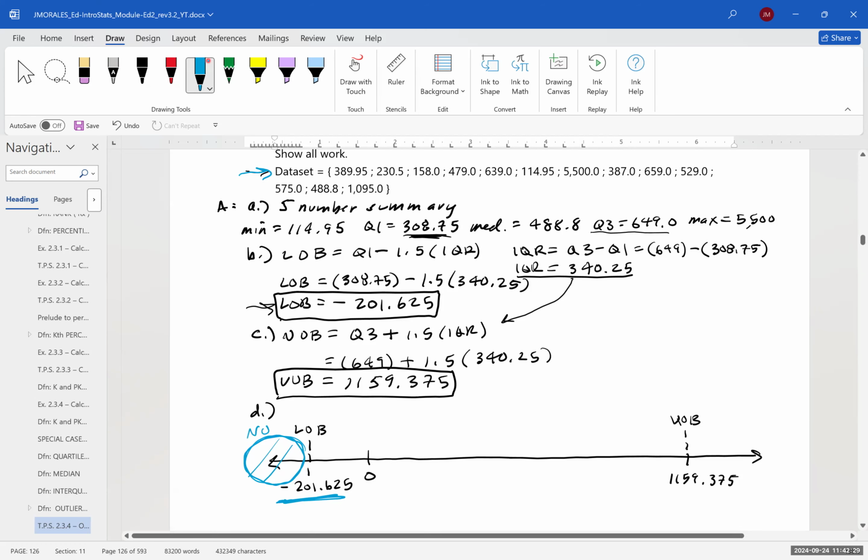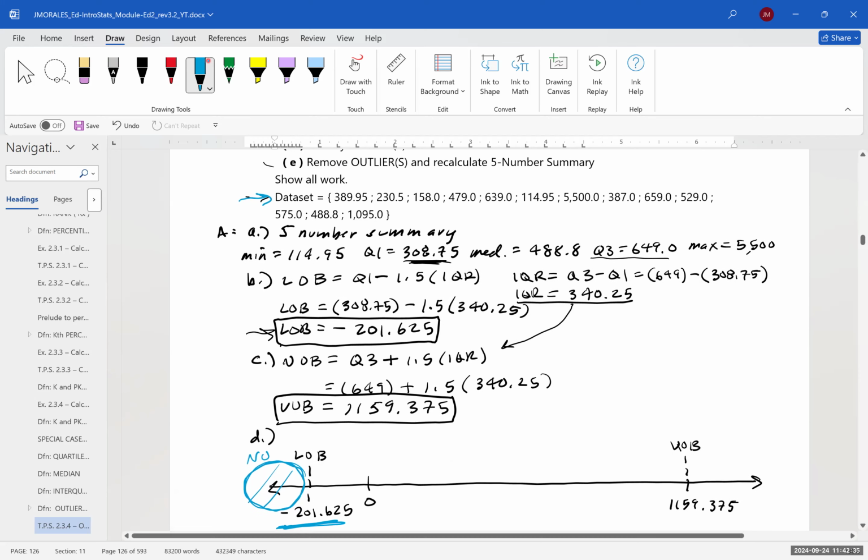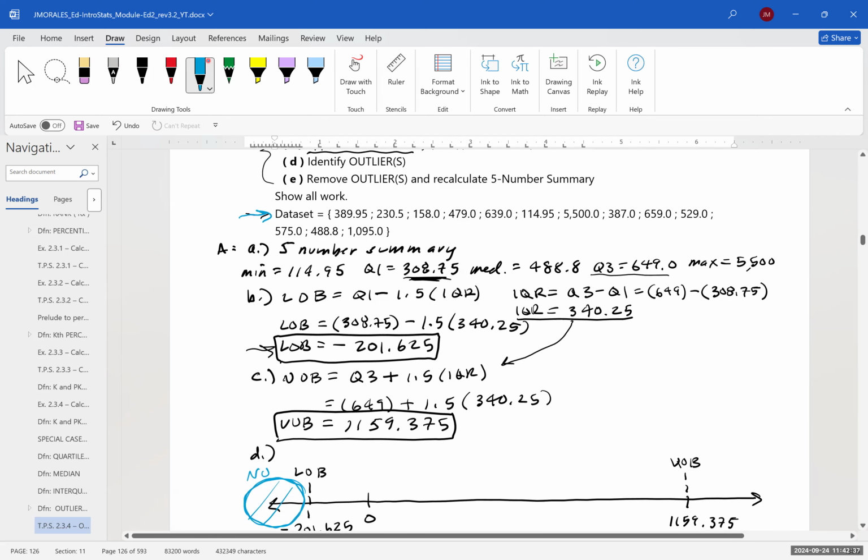But what about this upper outlier boundary? Do we have any values that are close or above 1159.375? So this helps on your calculator if you go ahead and sort this list. And we've talked about sorting data in a data set on your calculator before. So it helps to sort it because you can see these values just are not sorted.